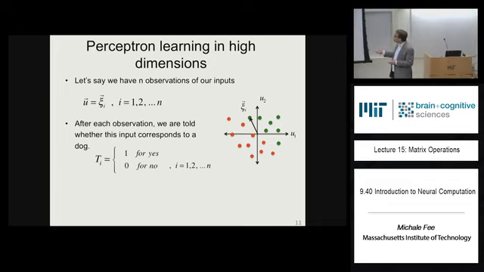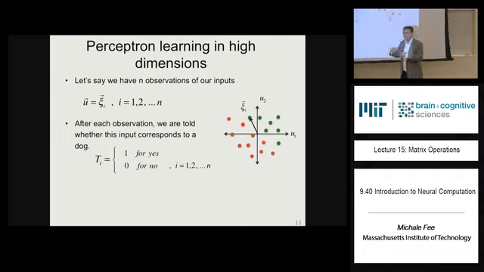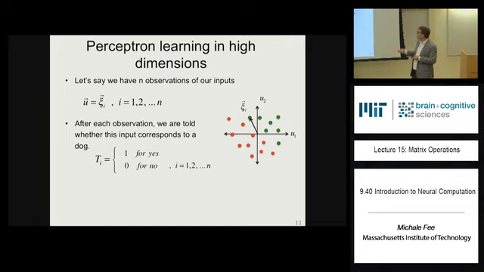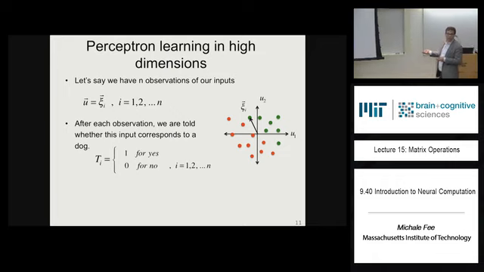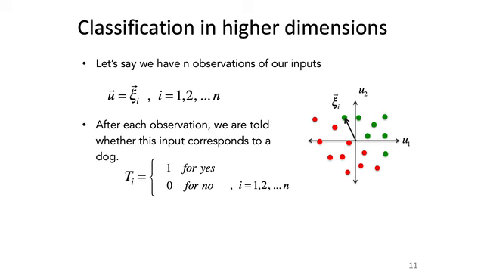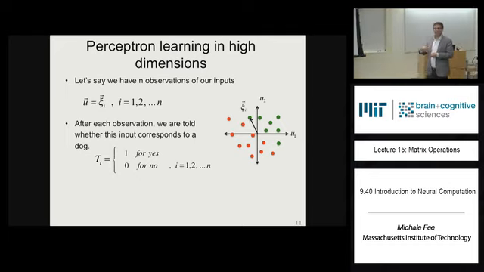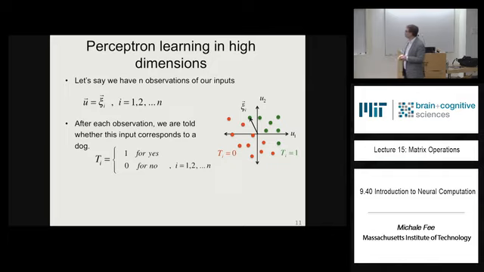And for our output, we want to choose this set of weights such that the output of our network is equal to some known value, T sub i, where if it's a dog, then the answer is 1 for yes. If it's a non-dog, the answer is no, that's not a dog. And we have n of those answers, so we have n images and n labels that tell us what category that image belongs to.